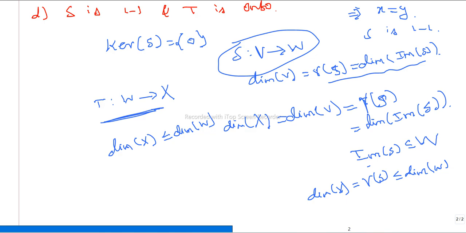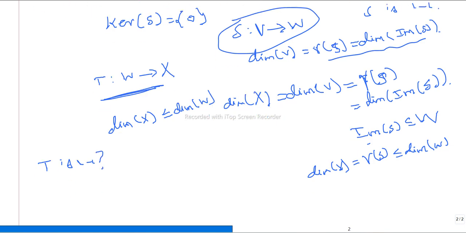But from this, what can we conclude? Can we prove that T is onto or not? Anyway, the domain dimension is more than the codomain dimension. Okay, so is T 1-1? The question is whether the function T is 1-1 or not.